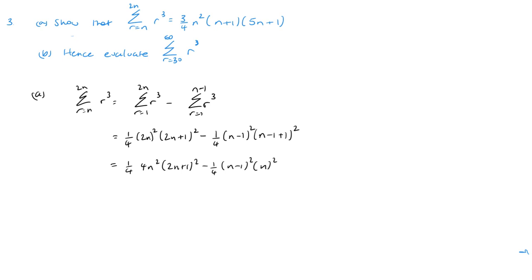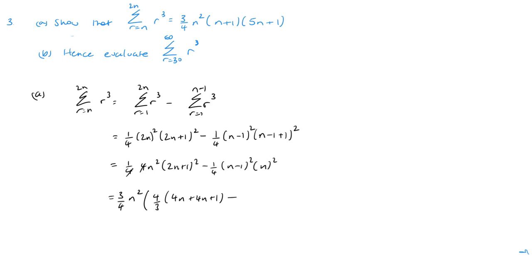Okay, now we've got 3/4 n squared up here, so that's what we're going to go with. Cross out the 4's here first. So we're taking out 3/4 n squared. So if I take 3/4 out of 1, that'll leave me with 4/3. And then it's 2n plus 1 all squared, so it's going to be 4n squared plus 4n plus 1, minus.